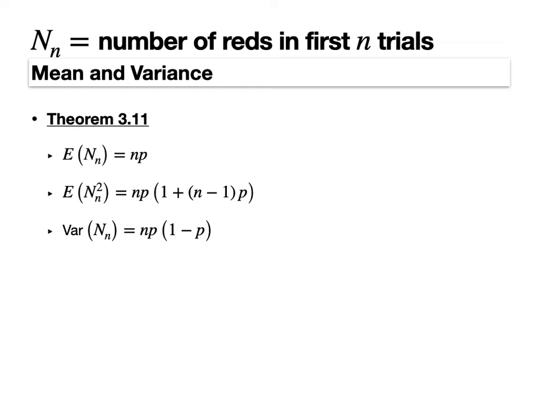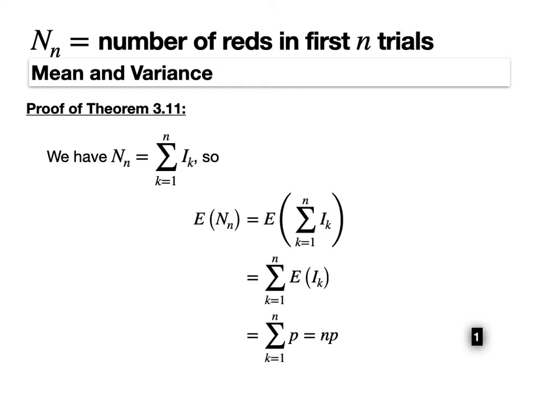So let's look at the proof, and I'll go through this kind of fast. You can always go back and review the slides, but it's not really too hard, especially the expected value of N. We can use the fact that N is the sum of these indicator values, and so the expected value of N is the expected value of the sum.